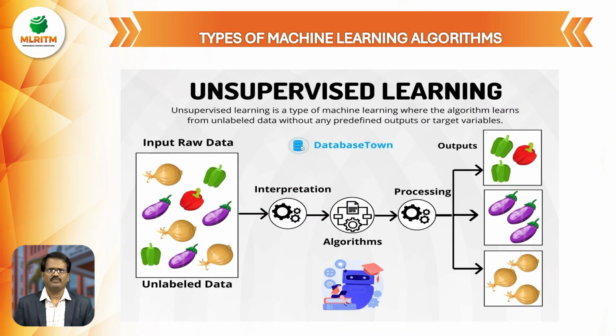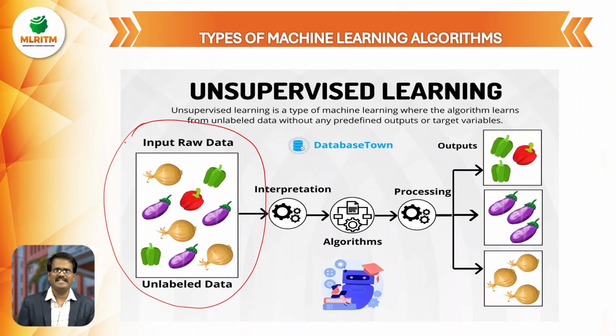Now, this is one of the best examples for an unsupervised learning algorithm. Here, see, we are not specifying any answers. We are giving only data. Here we can see three types of vegetables: brinjal, onion, and others.